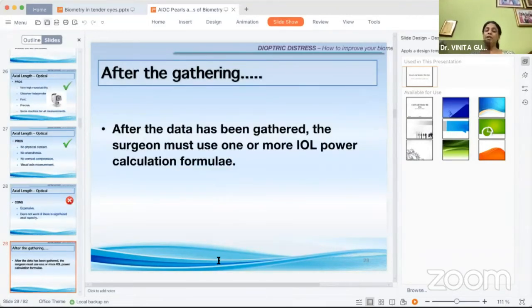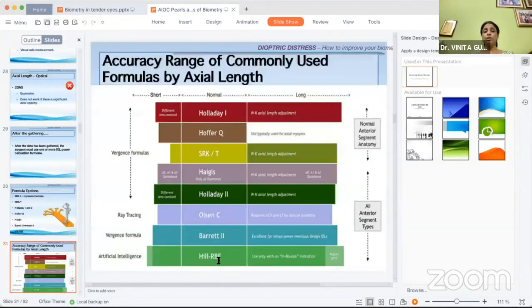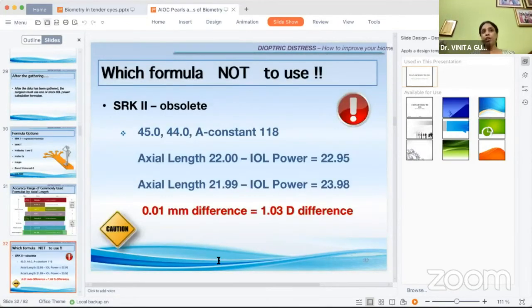What next? After the data has been gathered, we have to use one or more of the IOL calculation formulas. So we have an armamentarium of formulas available with us. Which one to use? There are various formulas based on vergence, on ray tracing, on artificial intelligence. What is more important to remember here is which formula not to use. Remember, out of these formulas, SRK II is now obsolete.